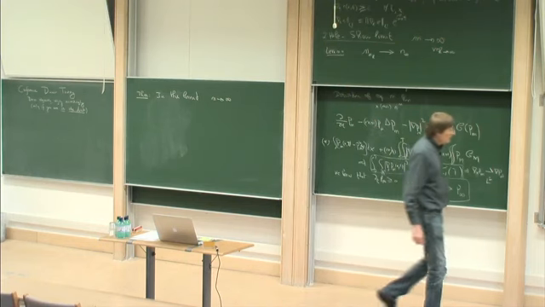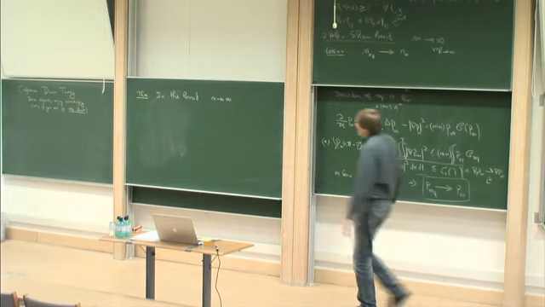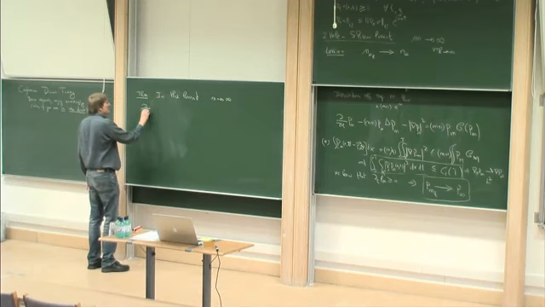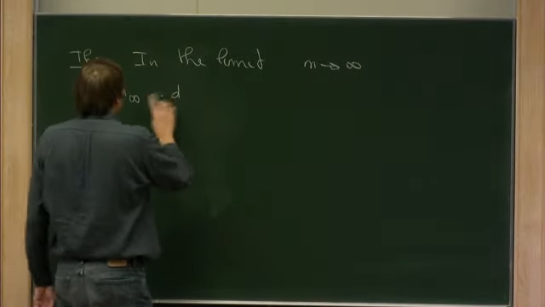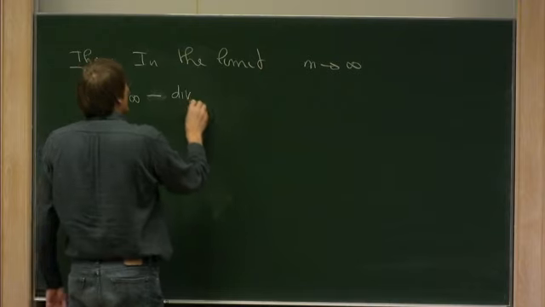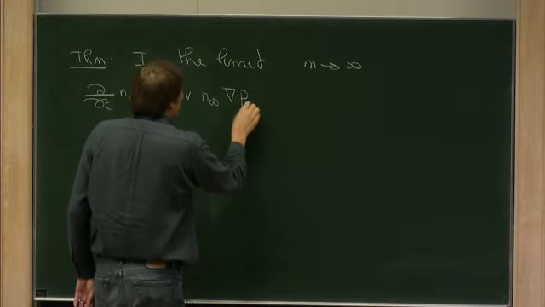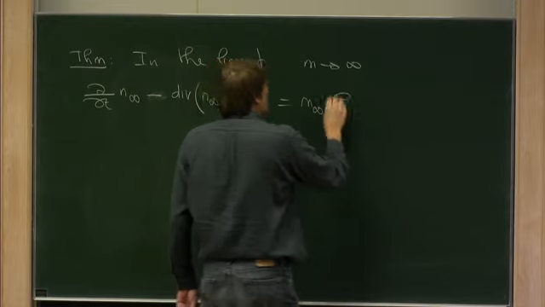So you can pass the limit in this equation, and you obtain directly d over dt n infinity minus divergence of n infinity grad p infinity equal n infinity g of p infinity.